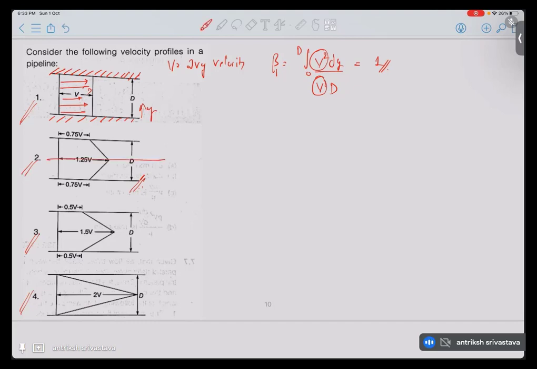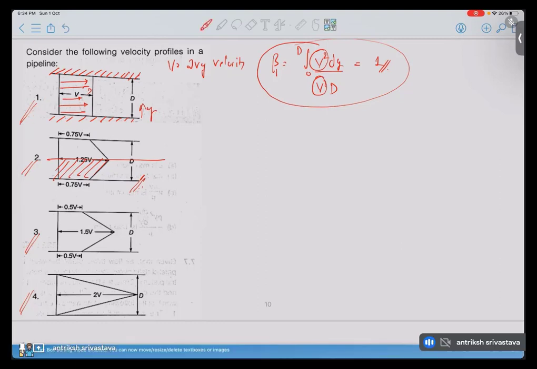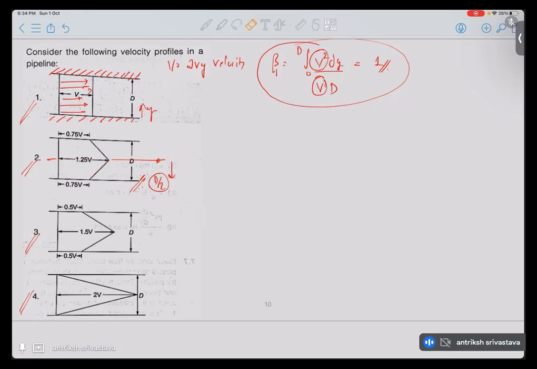So let's calculate this expression for beta only for the half, and it will be the same for the other portion, so we don't have to do the full calculation. We can do y changing from the center to d by 2, going away from the center. For that we need the velocity as a function of depth.